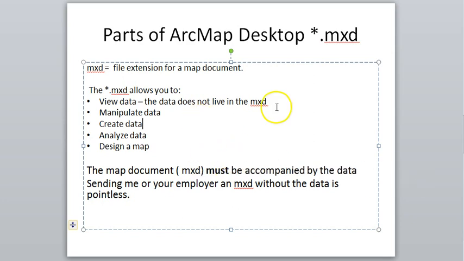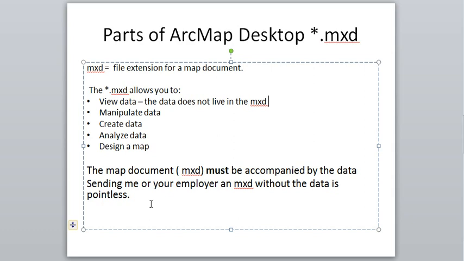So at some point this term, I'm going to ask you to send me your MXD and your data and a PDF map. The first couple of weeks, I think all you're going to send me is a PDF map. And a PDF map is standalone, and you create that after you open up your MXD and do your analysis and manipulation.